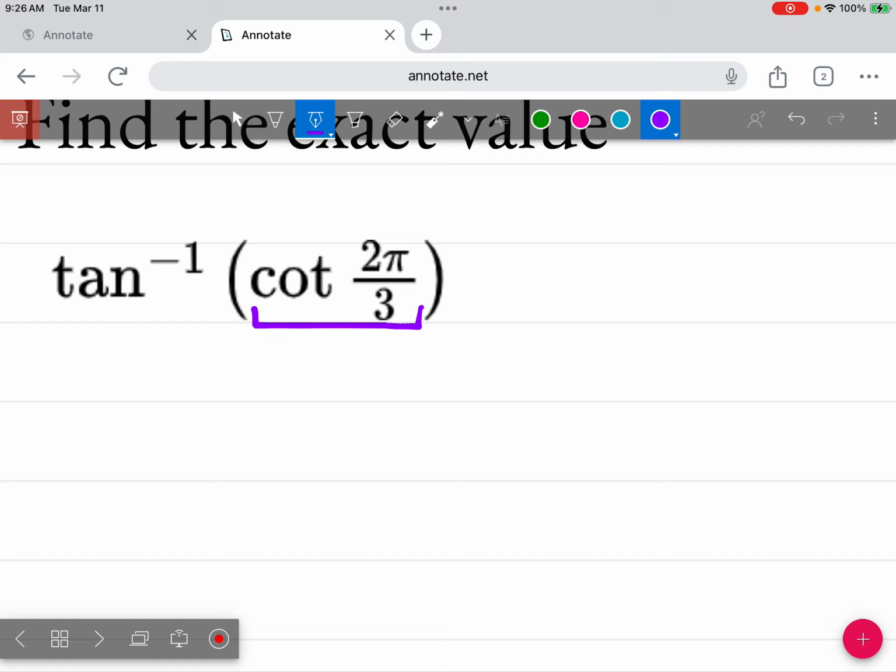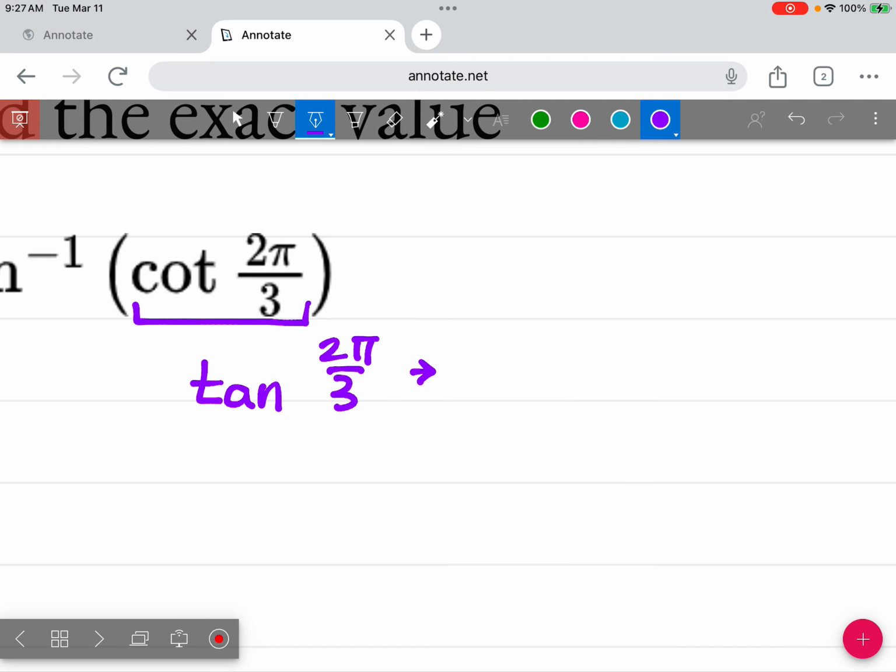So we want to find our tangent of 2 pi over 3 first so that we can take the reciprocal. Or you can do it by hand, manually, and do cosine over sine instead of sine over cosine. That works too. But as I say, this tends to be the way that my brain works.